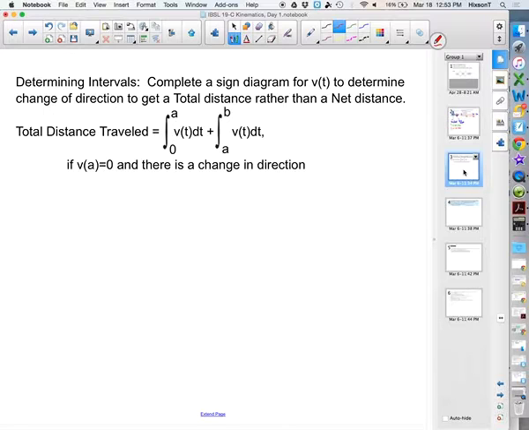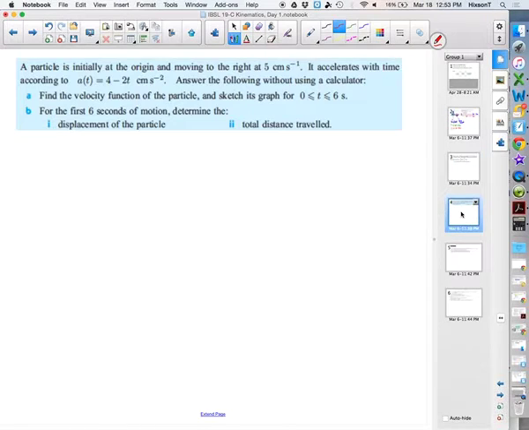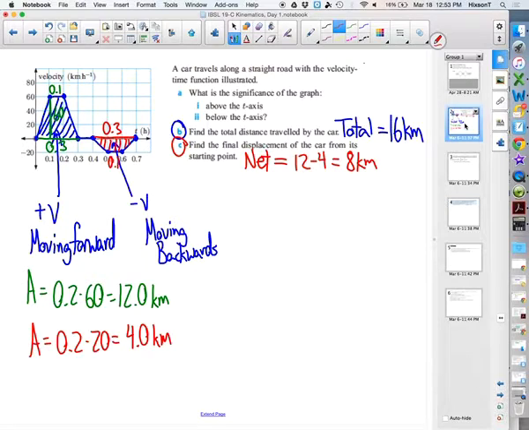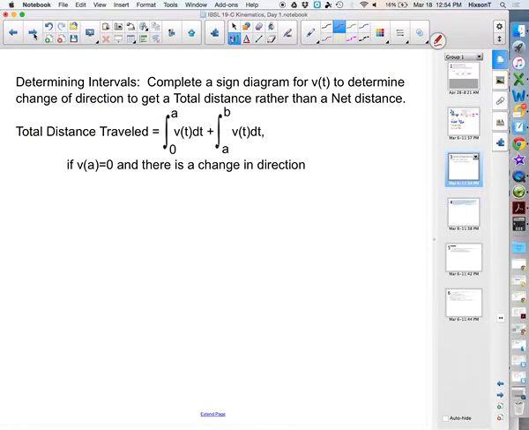Now, here's our total distance traveled, and this is where we can see this. We had a change of direction here. Now, there was a gap where we weren't going anywhere, all right? But we had a change of direction, right? We had to figure out when it was 0, and since there was a change in direction, when we were finding total distance, we had to accommodate for the fact that there was going to be a negative. Total distance traveled, okay, we want to determine an interval.